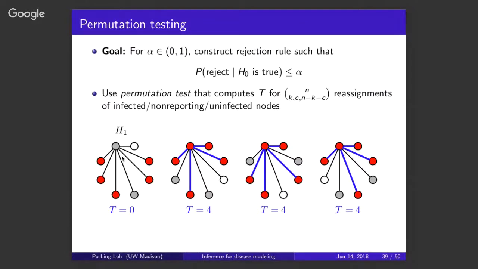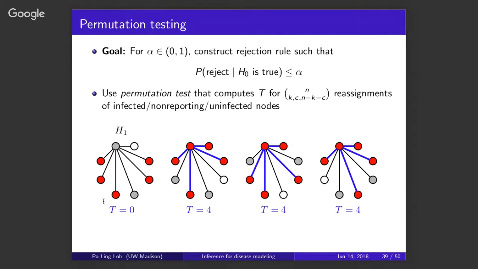So permutation testing is this trick of saying, well, I only have one data point, and what I'm going to do is generate some synthetic data sets by simply repermuting the labels of everything. In this case, I have 5 red nodes, 2 gray, and 1 white. So I'm going to look at all of the possible reassignments of red and white and gray that preserve the number in each category, reassign all of these nodes, and then recompute my test statistic.